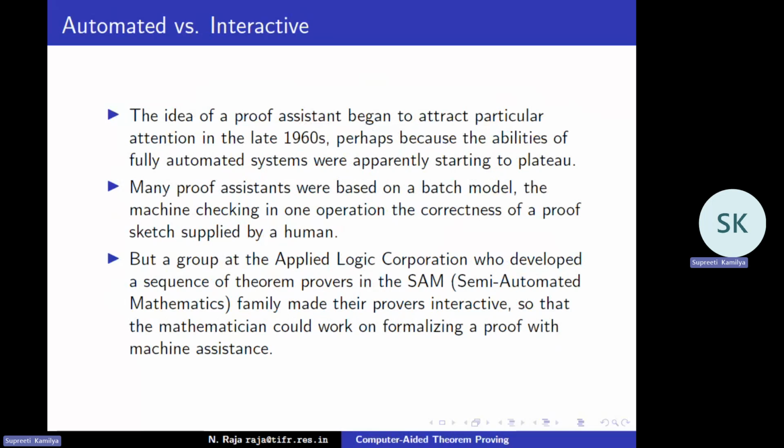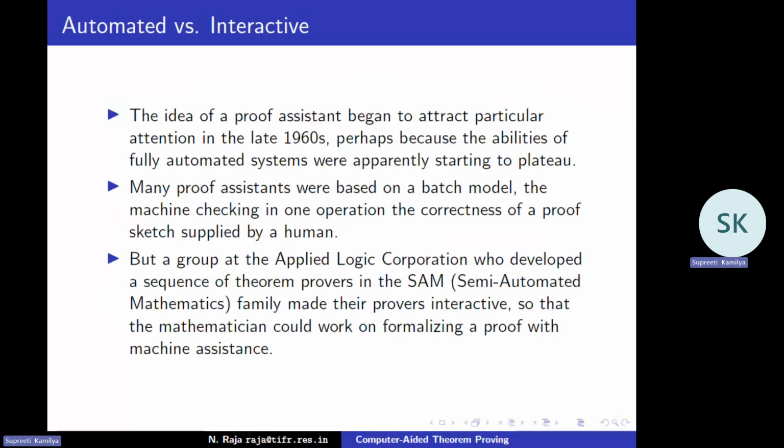This started attracting attention in the late 1960s, and now there are several proof assistants available for use. The early proof assistants were based on a batch model, just like programming went through a batch model, where you submit the entire program to the computer and then it compiles it for you.